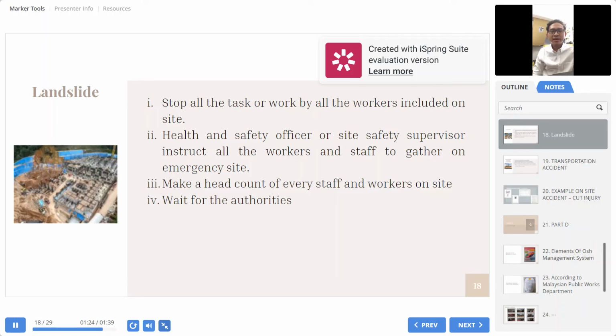Next, they have to make a head count of every single staff and worker on the site. Lastly, they have to wait for the authorities such as firemen and police.